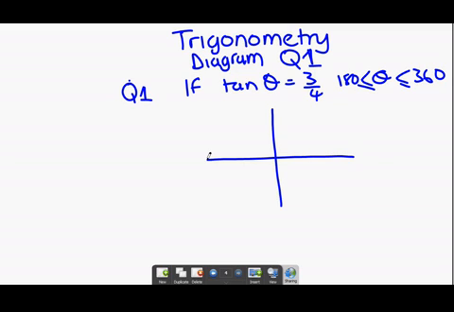Most of us will say "All Silly Tom Cats," or "All Stations to Cape Town," or you can give this any acronym you want. CAST. Some people use CAST. But what it basically means is that you are supposed to draw a triangle in one of those quadrants.